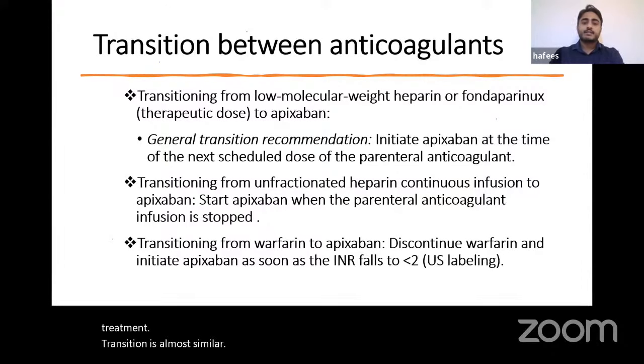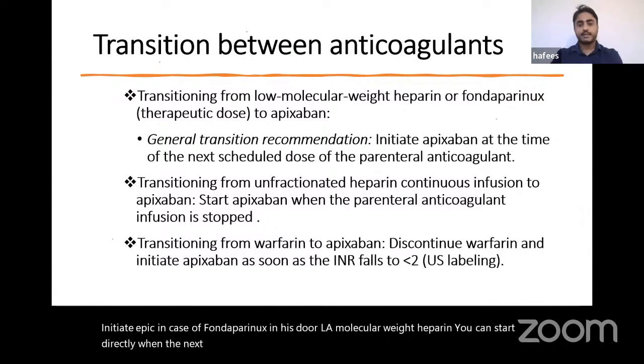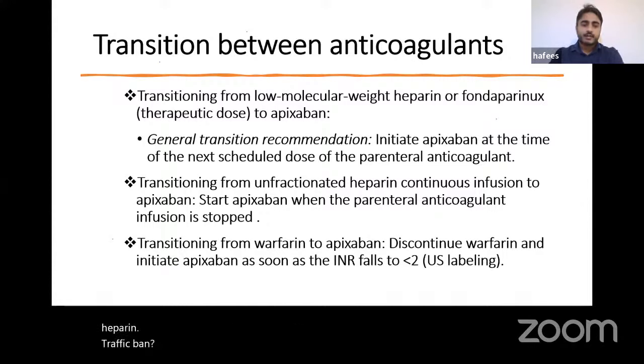Initiate apixaban in case of fondaparinux or low molecular weight heparin. You can start directly when the next scheduled dose of parenteral anticoagulant is due, and from unfractionated heparin to apixaban, you have to start when the unfractionated heparin is stopped.